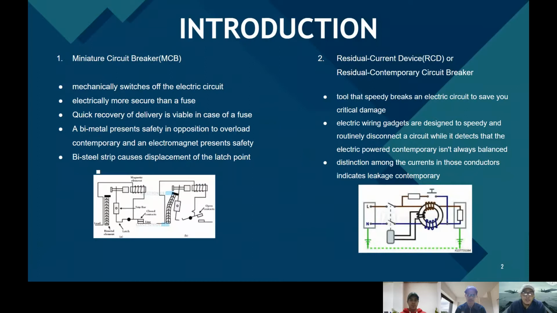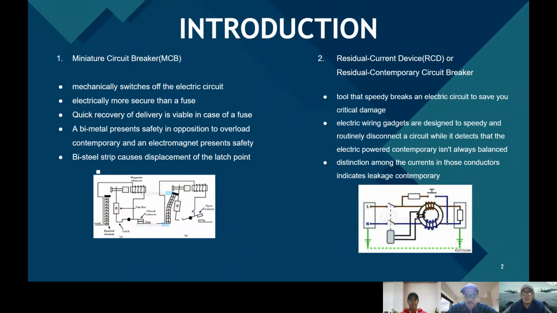The thermal method presents safety in response to overload current, and the electromagnetic method presents safety in response to short circuit current. Built-in strip causes replacement of the latch point.